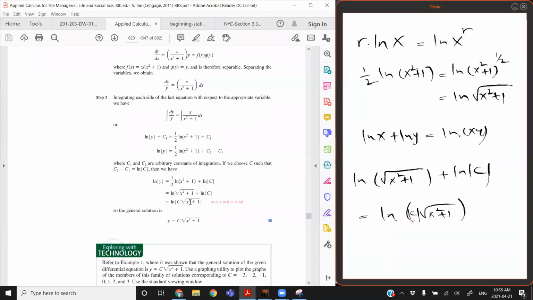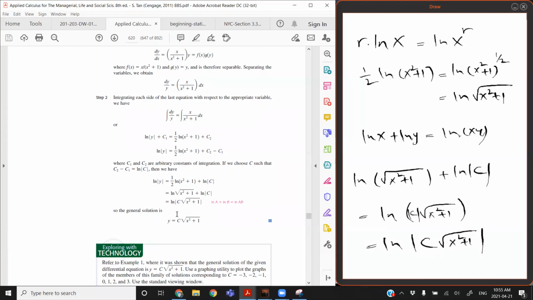And it doesn't matter whether you put the absolute value sign around all of this, because root x squared plus 1 is always positive. So this is the same thing as having ln of absolute value of c root x squared plus 1. So that's why you have this over here.